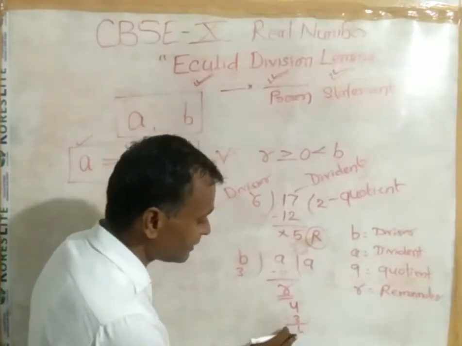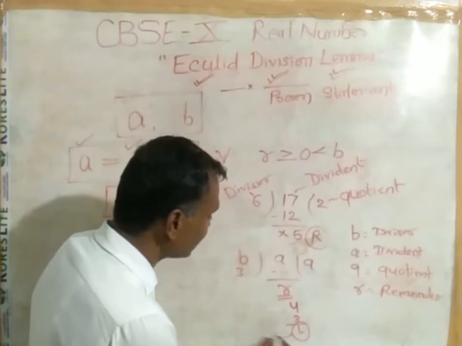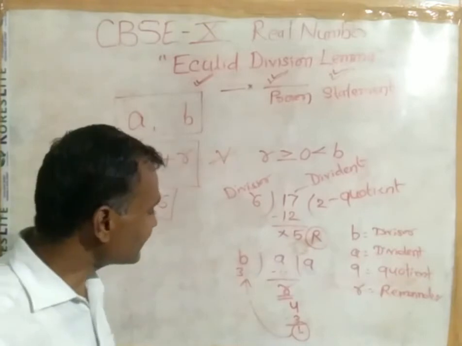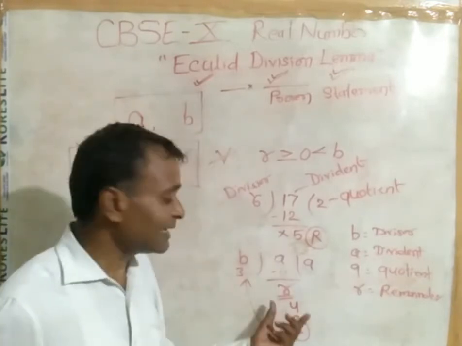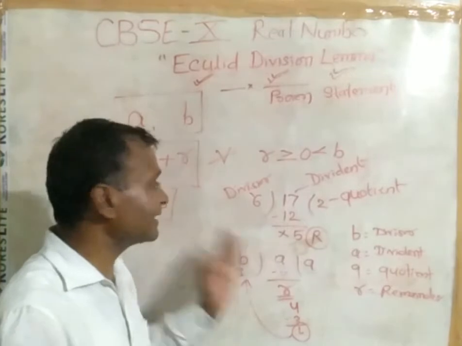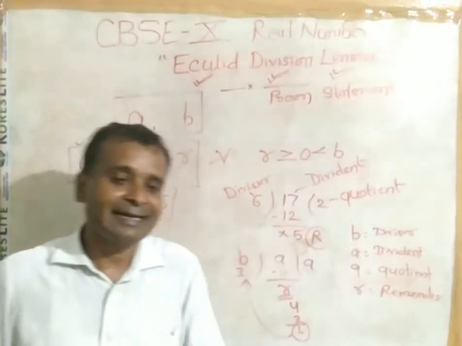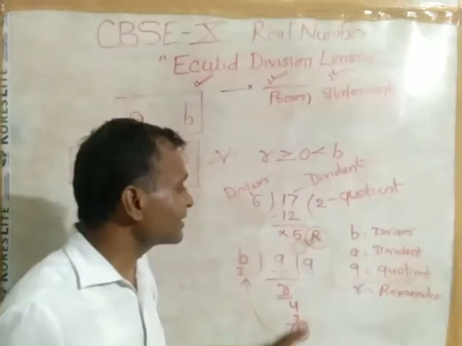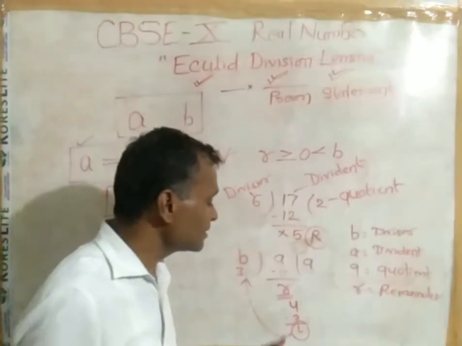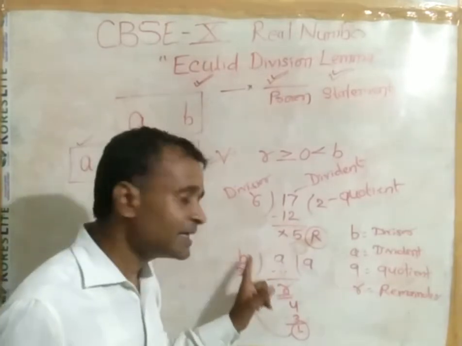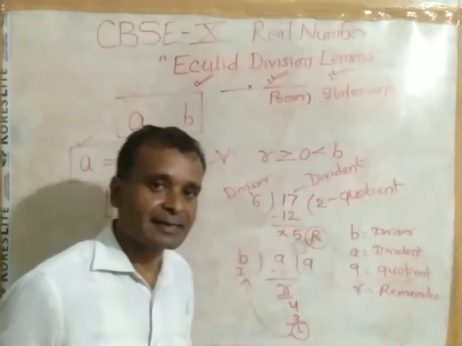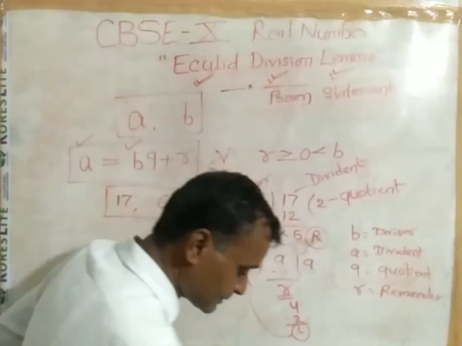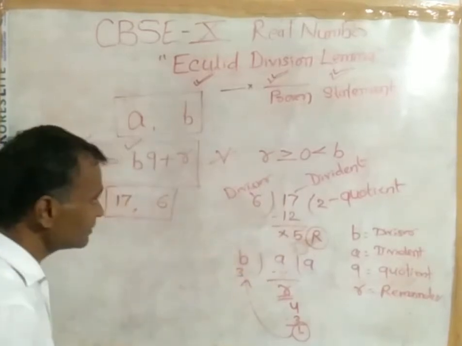We get now 1, and 1 is smaller than b. So it means that if the remainder is greater than the divisor, we can divide it once more. So the remainder is always smaller than b, smaller than the divisor. Got it?